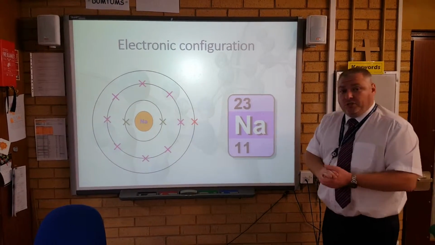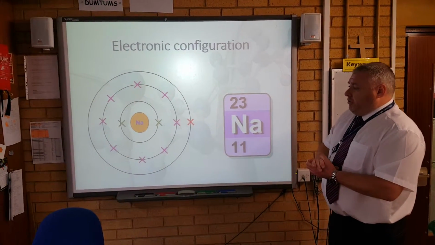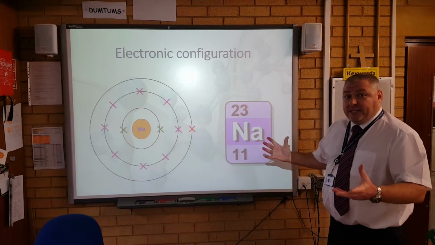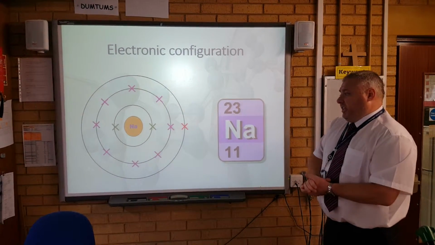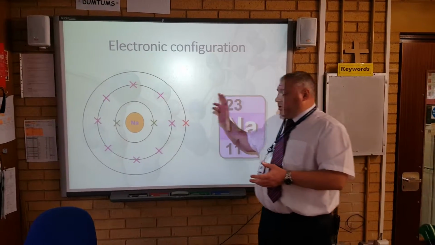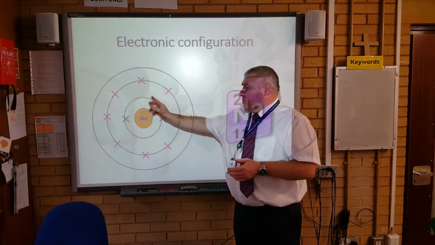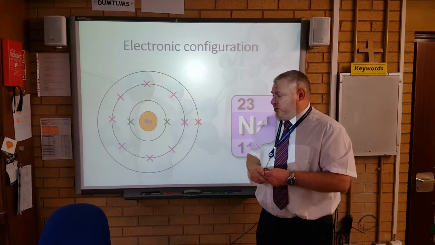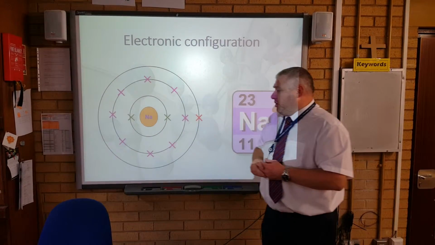If we look at sodium again, sodium has 11 protons, so it has 11 electrons as well. How do we arrange these electrons? We just follow the rules we talked about in the previous slide. The first shell can hold 2 electrons, so we put our 2 electrons here, which is what we've represented with these crosses.